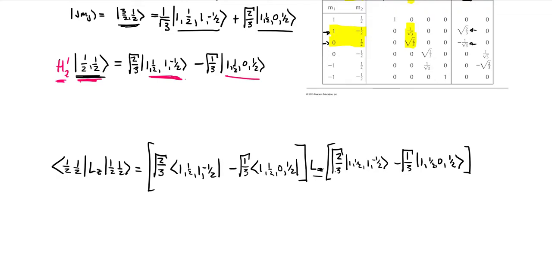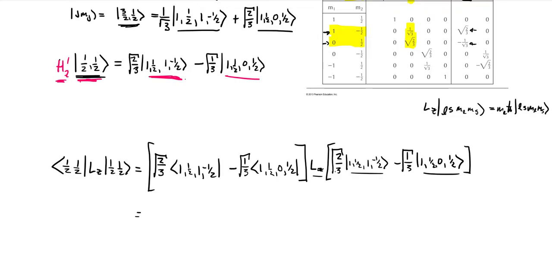Because I know how L_z operates on these two vectors, because they're eigenvectors. Just to refresh our memory, L_z operating on |L S M_L M_S⟩ just gives me M_L times h bar times the same state.